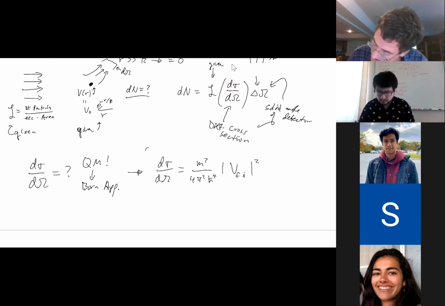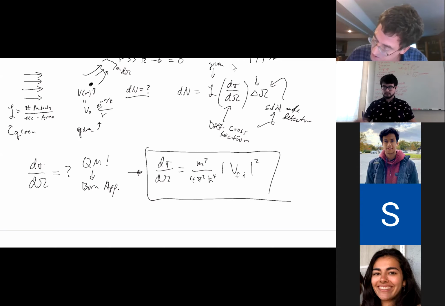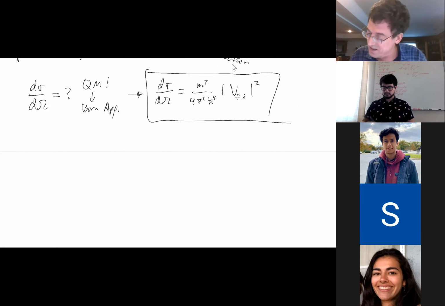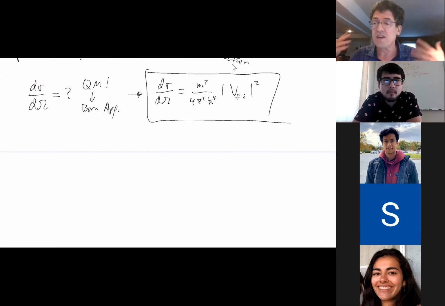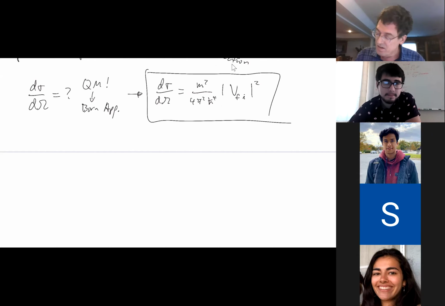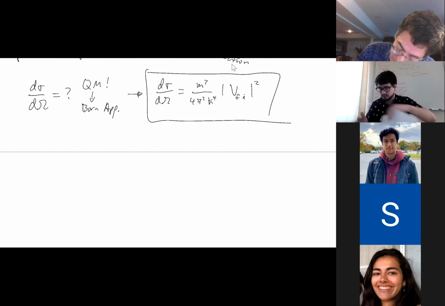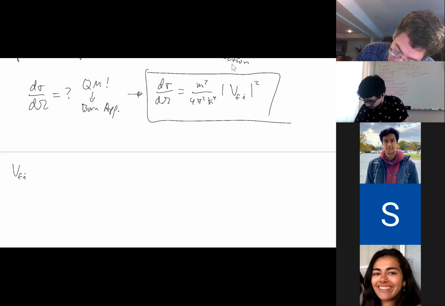All right, so that's it. And so what we've got to do, you can see, is calculate that matrix element. If we want to know dσ/dΩ, we have to find that matrix element, and that matrix element, of course, is the Fourier transform. So let's find that Fourier transform. V_fi is equal to the Fourier transform.